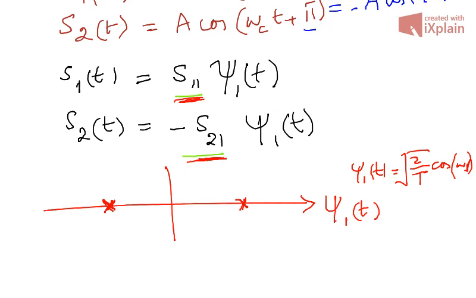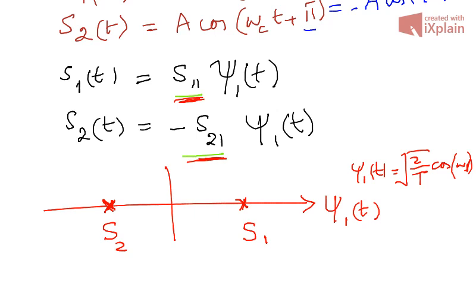So the point S1 would be here, and the point S2 would be here on the psi1 axis. Clearly these two points have opposite polarity. That is why it is known as antipodal signaling scheme.